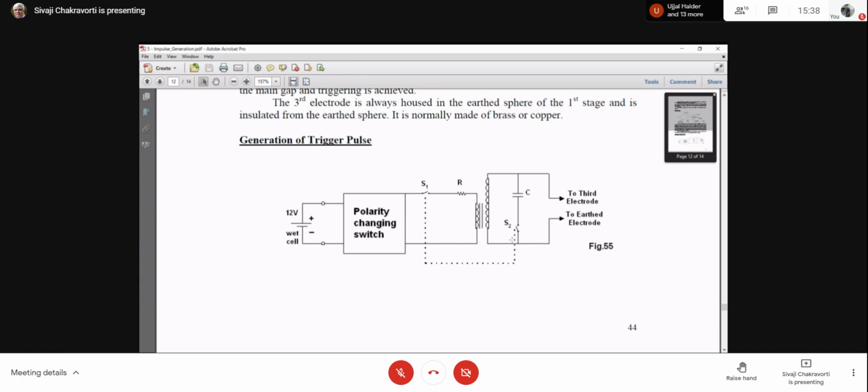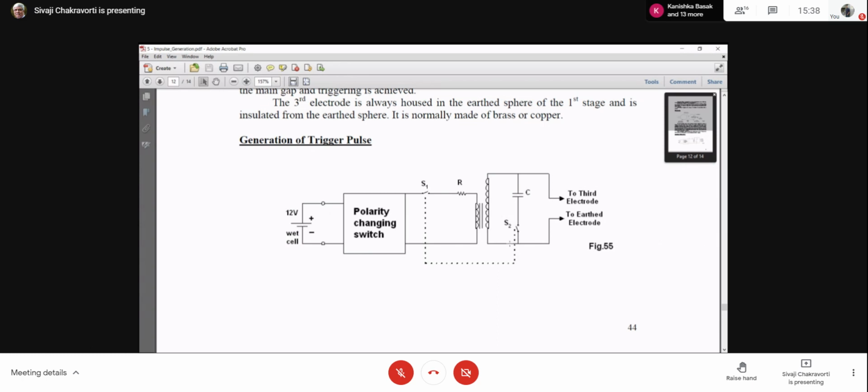When we switch on S1, the current through the primary starts increasing and a voltage is generated. But this C, which is uncharged, will act as a short circuit across the secondary. So the voltage will not go to the third electrode on the right side.